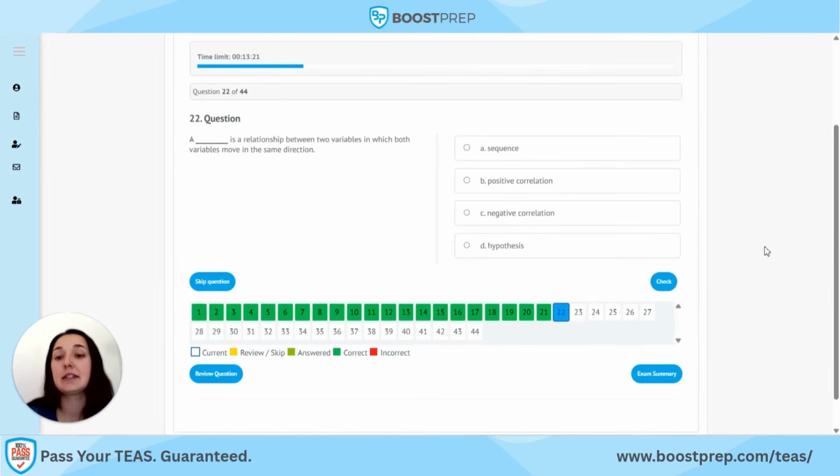A blank is a relationship between two variables in which both variables move in the same direction. A, sequence, B, positive correlation, C, negative correlation, D, hypothesis.